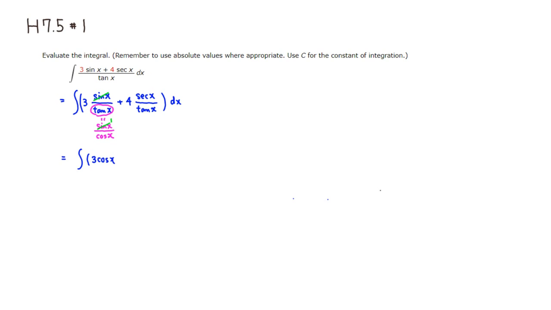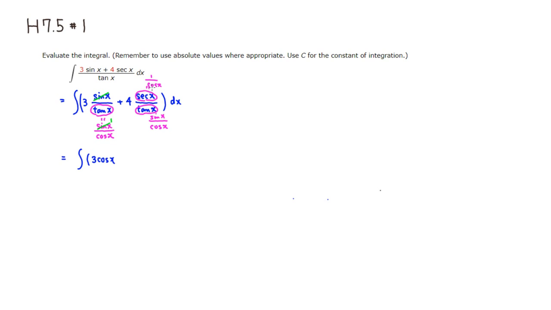And we can do the same thing here. Secant is the reciprocal of cosine, so 1 over cosine of x. And again, tangent is sine of x over cosine of x. Then we can cancel here.